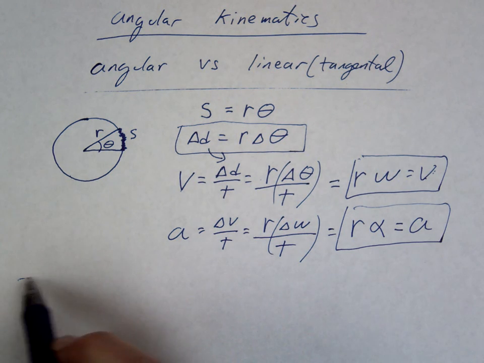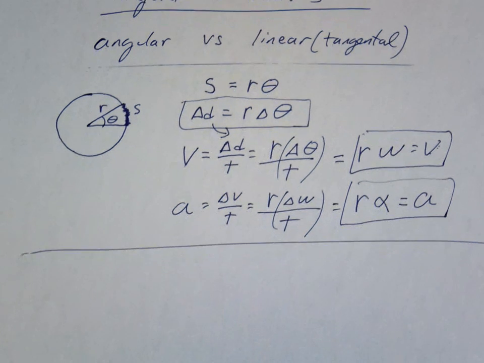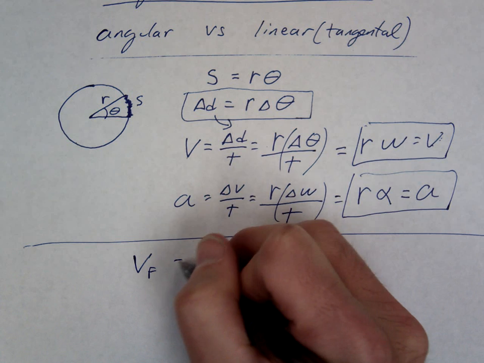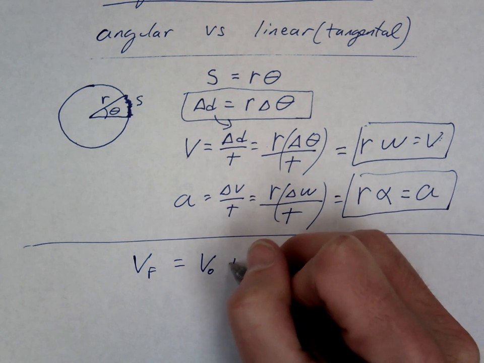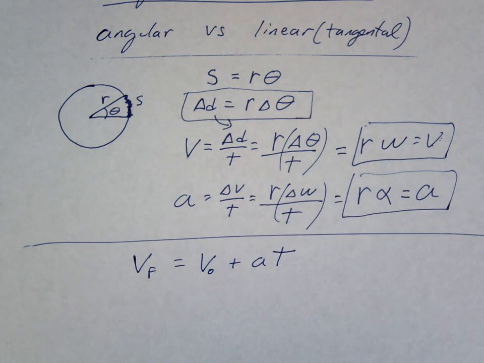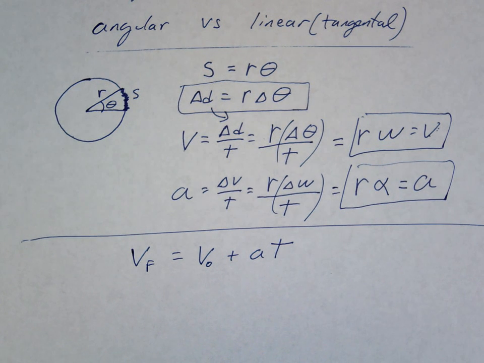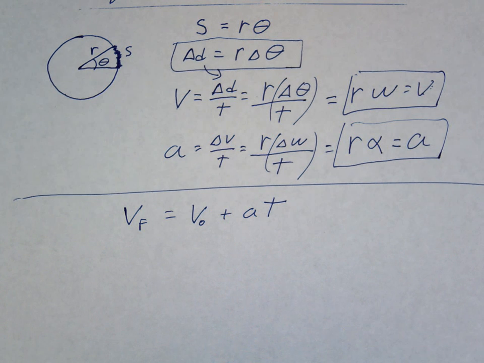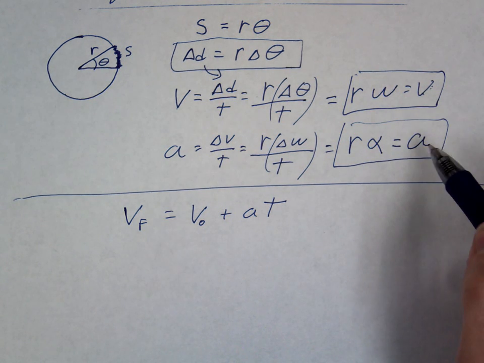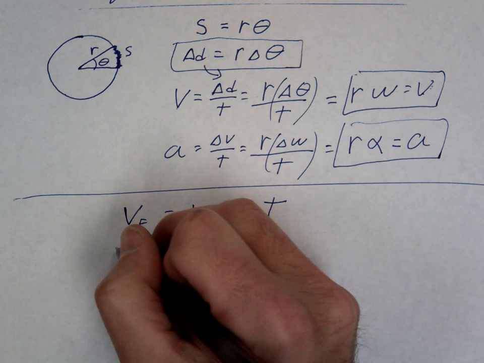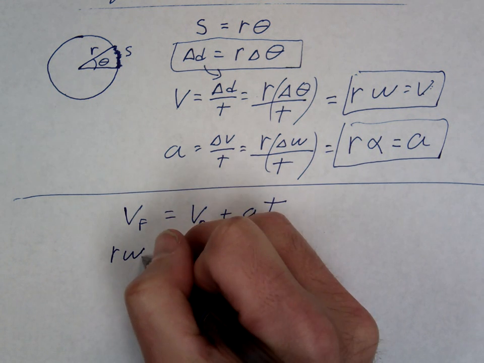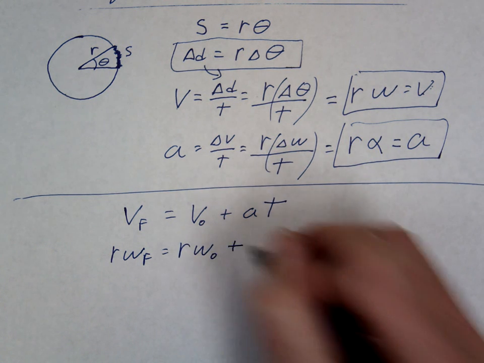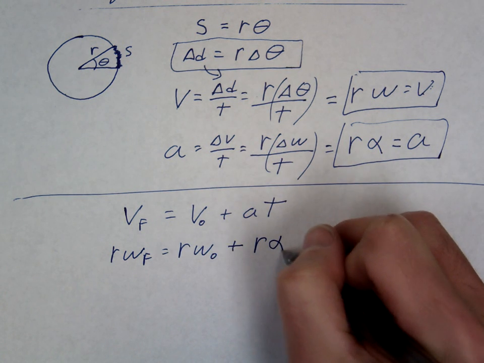Well, let's then go to our kinematics equations. Let's take the first one, and I know I showed this to you in the warm-up, but let's formally derive it. So we know Vf equals V naught plus at. Well, let's just go ahead and make the substitutions up here. So we could write this as r omega final equals r omega initial plus r alpha t.